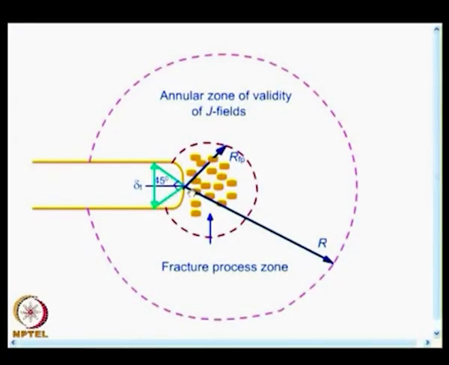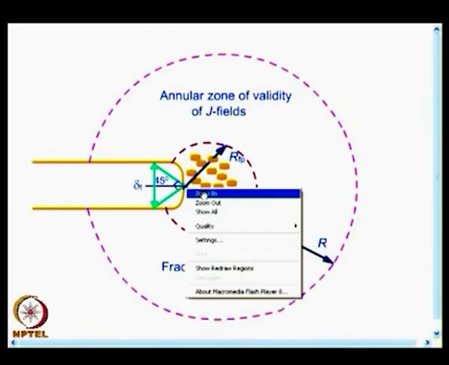You have to go back and forth. We have not seen CTOD in greater detail, and historically it was developed first, followed by J, but in my presentation I am discussing J first and then going to CTOD. So, now you have looked at a simple definition of CTOD from the picture, and we would see expressions for it later. J and CTOD go together; you cannot discuss them independently. You also have another graph associated with it.